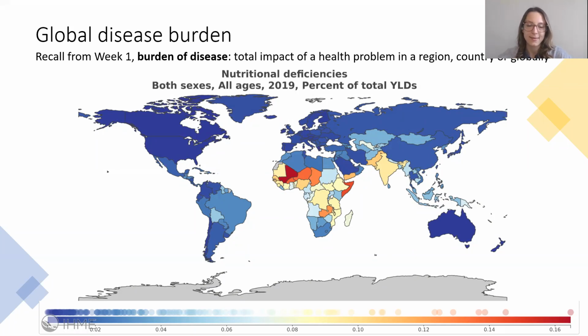So in this case, this map is showing the burden of nutritional deficiencies, so malnutrition, in other words. And it's showing us the years lived with disabilities, YLDs. So what can we tell from this map? That something like malnutrition is really, really concentrated on the continent of Africa, as well as some other nations like India around the world, but really focused in on a certain continent in this case.